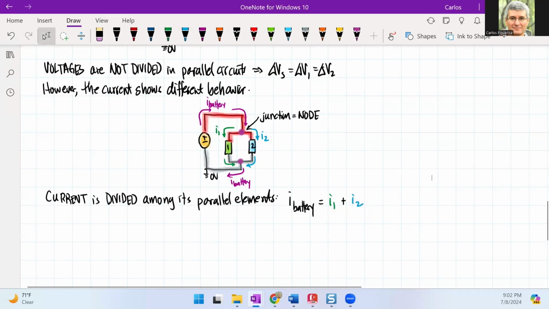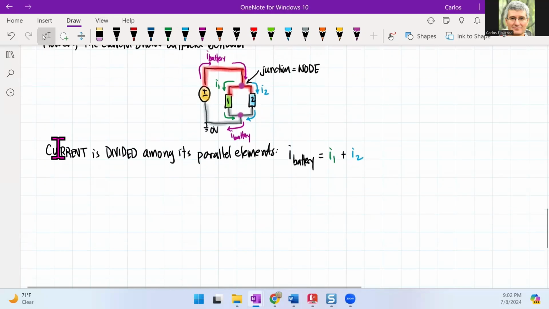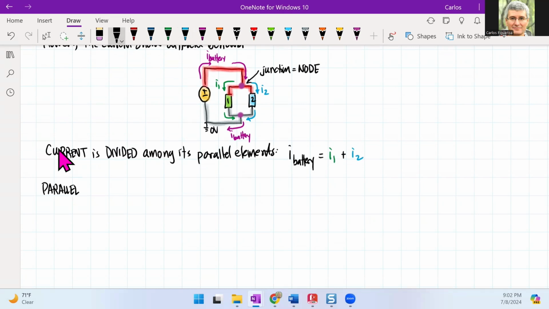So now I could come in and say, what are the parallel circuit characteristics? It says this. 1.